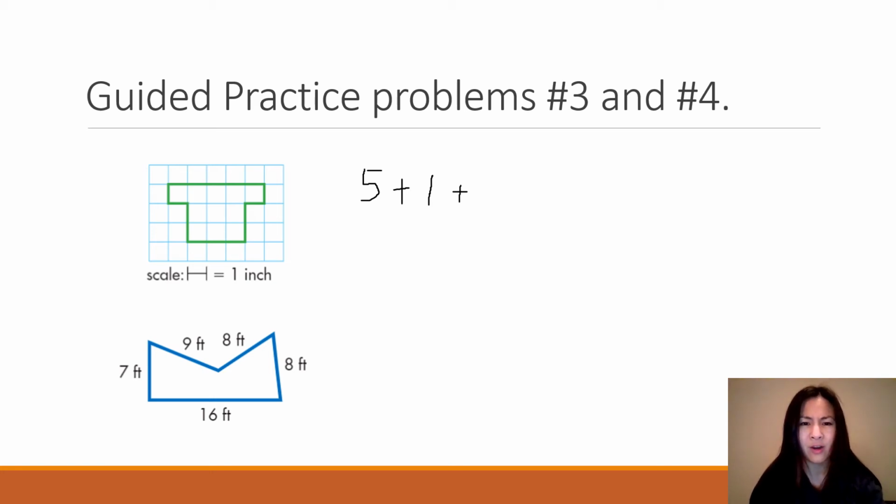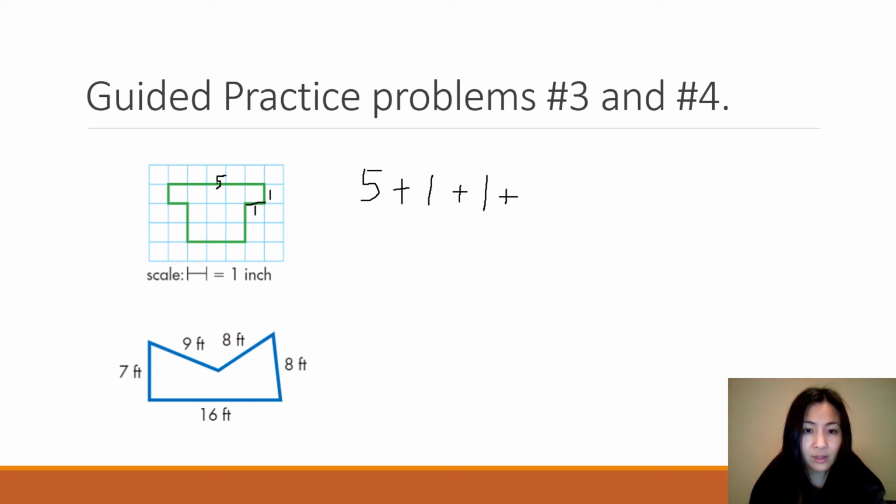So here, I'll mark on here. 1. Can even draw in the numbers. 5. And then this side is 1. This side right here is also 1. And then, so that's this one right here.